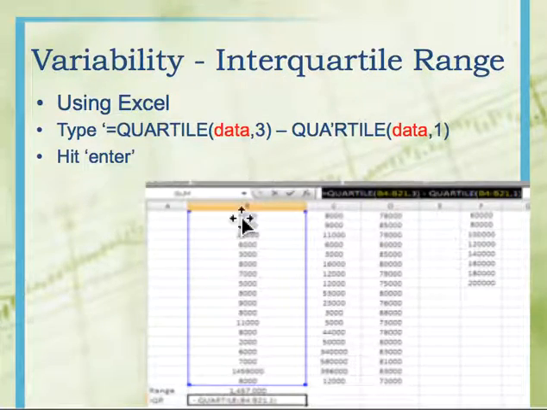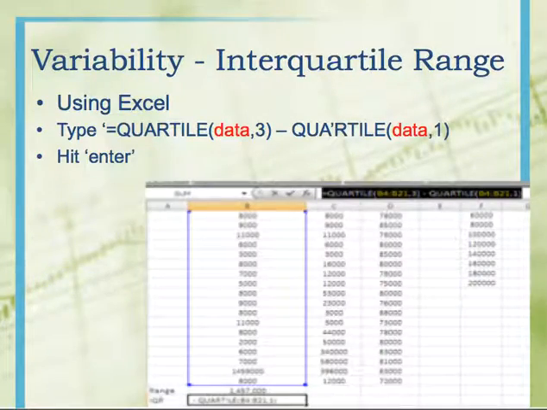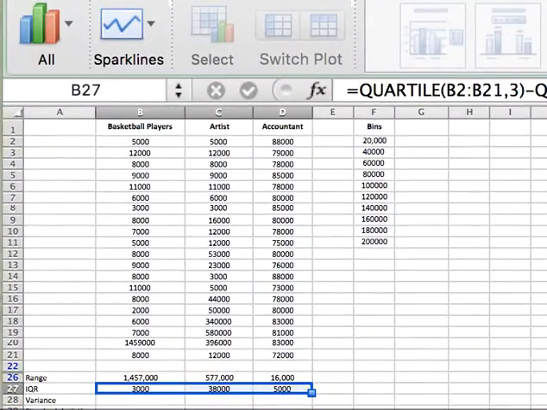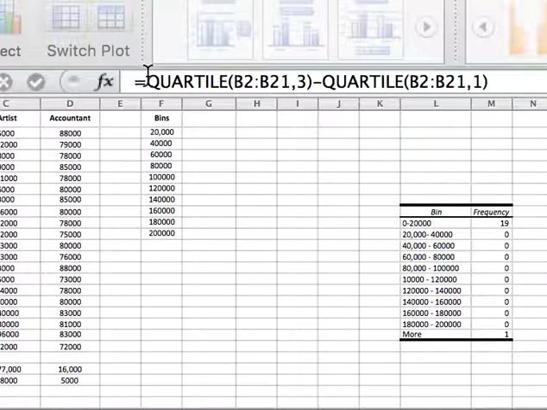We can do this the same way in Excel by highlighting and using the right formulas. So basically what I'm going to do is I'm going to say I want to look at something that equals the third quartile minus the first quartile. Exactly what we did here, right? And if we look at our data itself, what I'm doing here is I'm typing in this equation right here, equals quartile. I highlight my range of data.